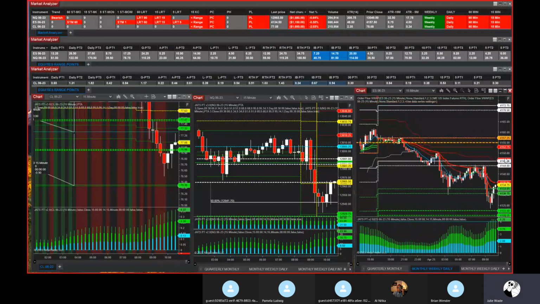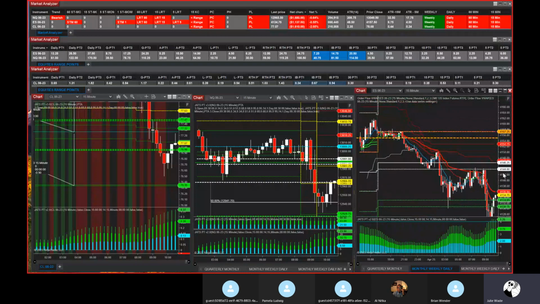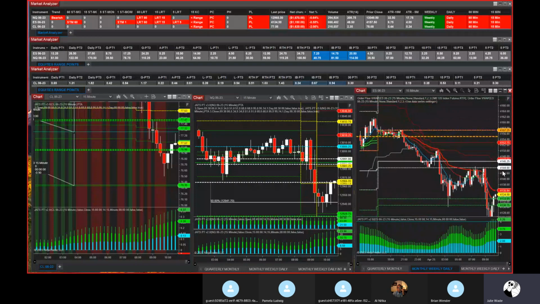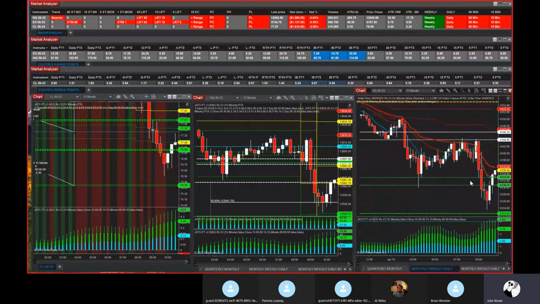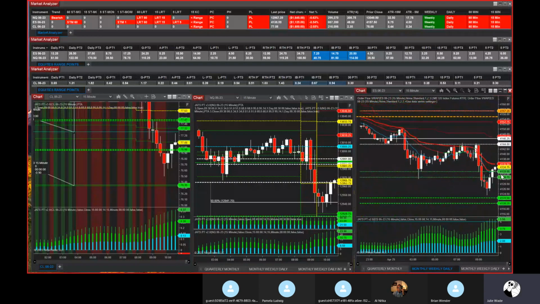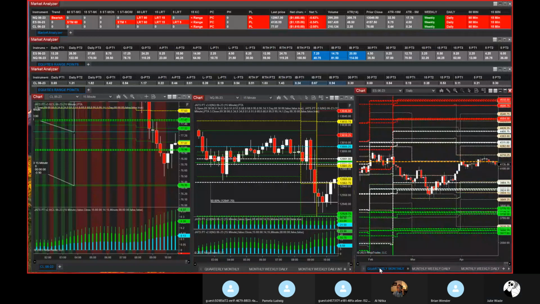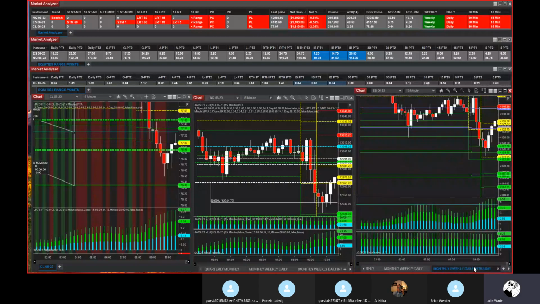I think price is trying to get to that VWAP at 41.35.94. And we're breaking above our 1-hour IB and making our way into our range.